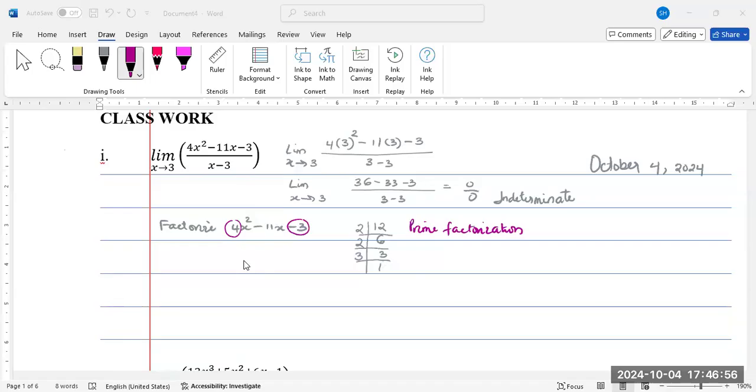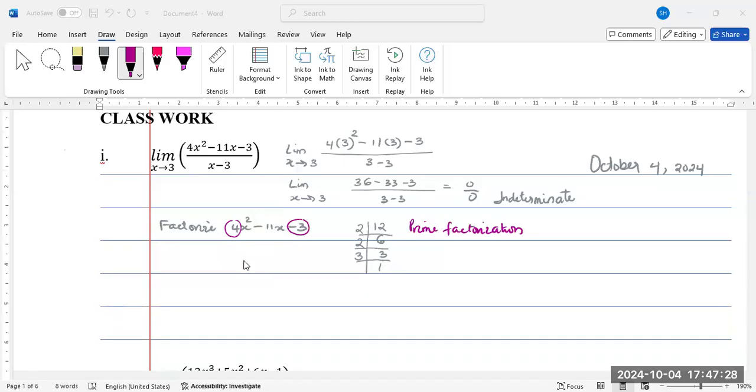Now, hear me out. Yes, I know that the constant term is -12, but at this stage I am not interested in the negative sign. Where the negative sign comes into play is when I'm multiplying both factors, because that negative sign will have to be distributed in such a way that it gives us the factors. I can't just say -1 and +12, because -1 times +12 gives me -12. That could work. But +1 and -12 also gives me -12.